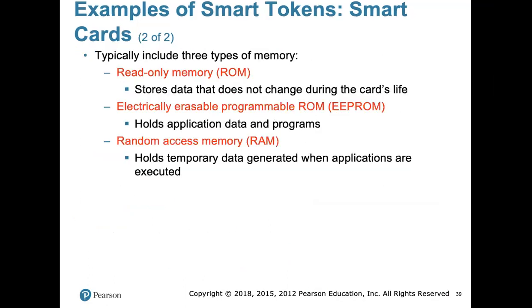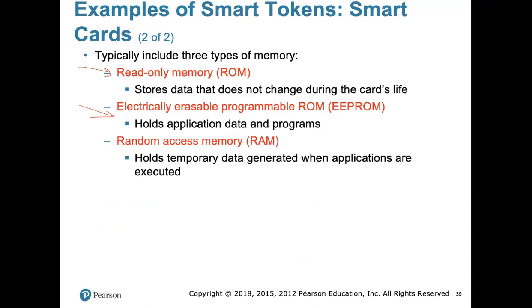And here are the types of memories that we can find in smart cards as smart tokens. They have some ROM, or read-only memory, that may store some data that shouldn't be changed for the whole life cycle of the card. They have some E2PROMs. They have some information which is normally supposed to be kept safe, but in a few cases you may want to change it.